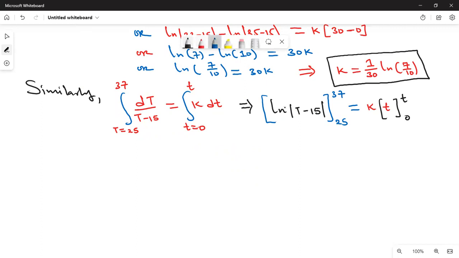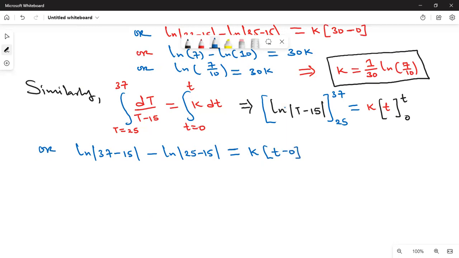Let's plug in the limits of integration. So we write ln of 37 minus 15, then subtract log of 25 minus 15. The right hand side is just k into t minus 0, which is just t.